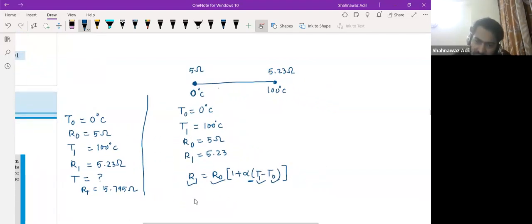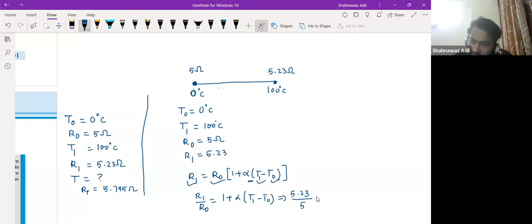So what would be alpha? R1 by R naught equals 1 plus alpha times (T1 minus T naught). So R1 is 5.23 divided by 5, and 1 plus alpha times T1, which is 100 minus 0.